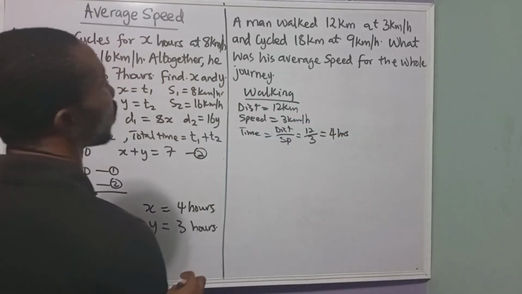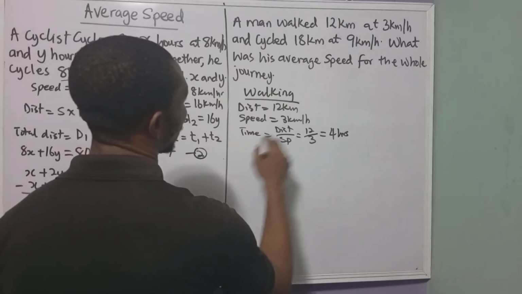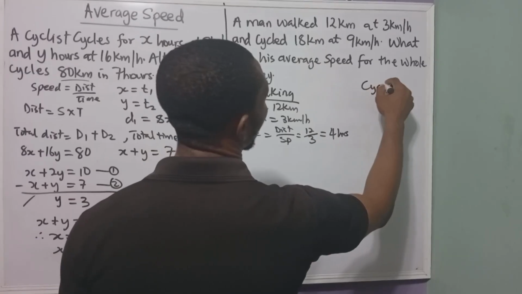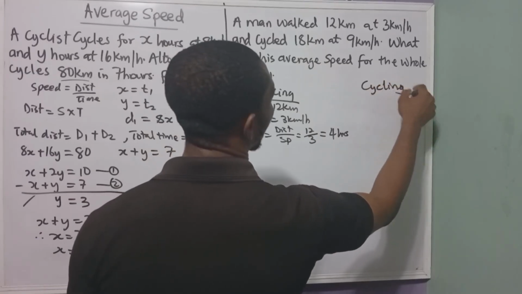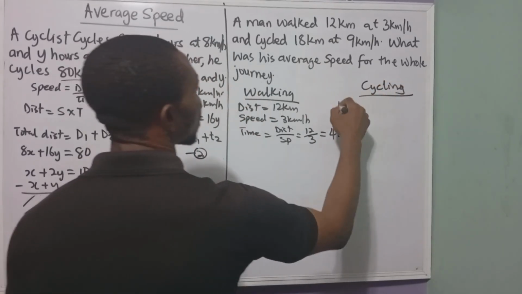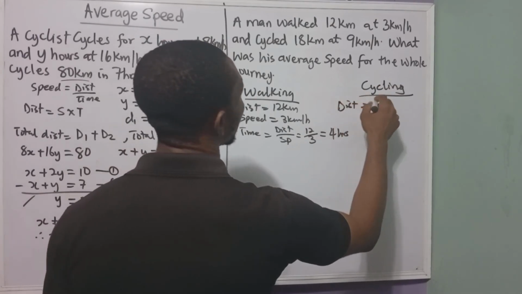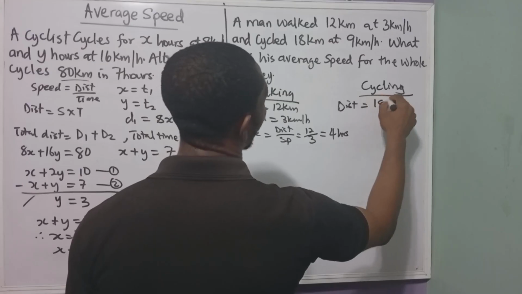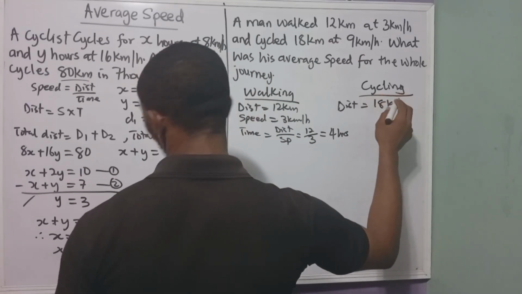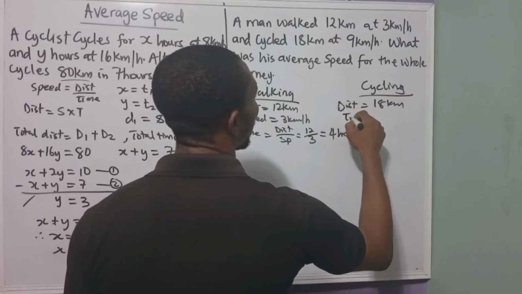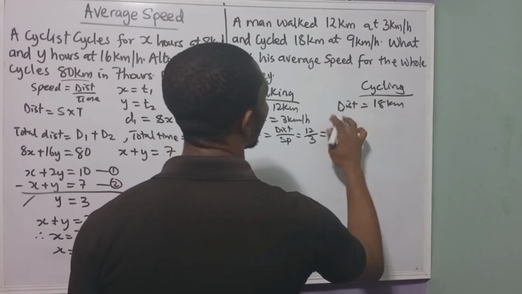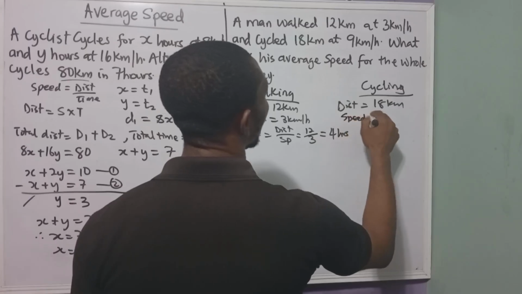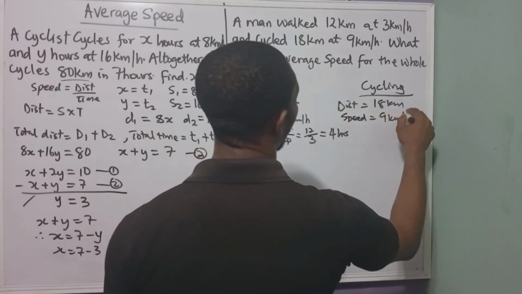Now, for the cycling, his distance is 18 kilometers and speed is 9 kilometers per hour.